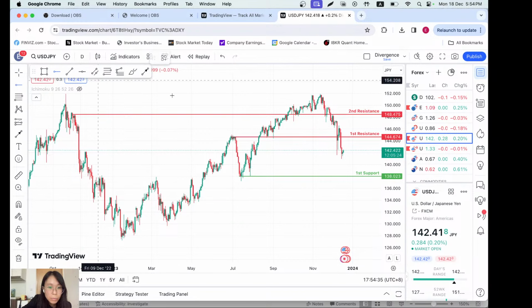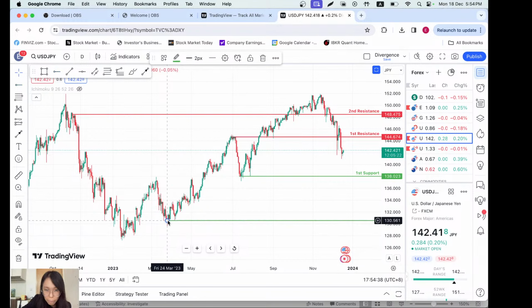And our second support will be quite far, which is here. You capture this very nice pullback where the price bounces off all the way up.